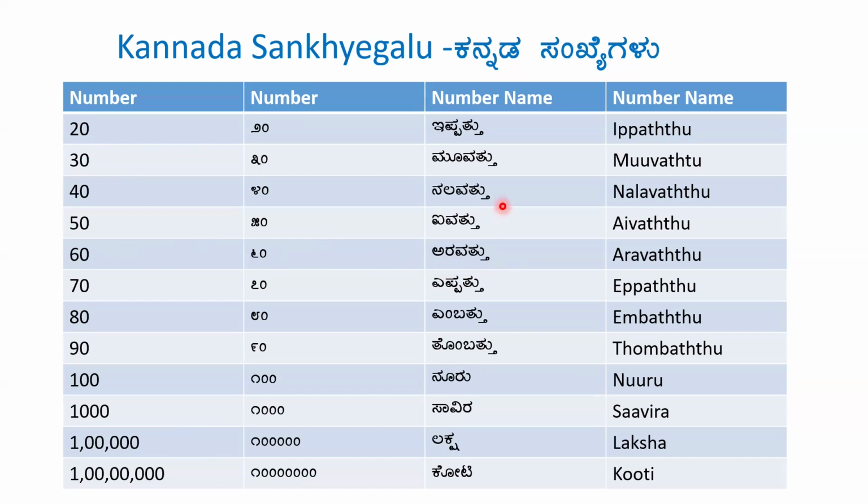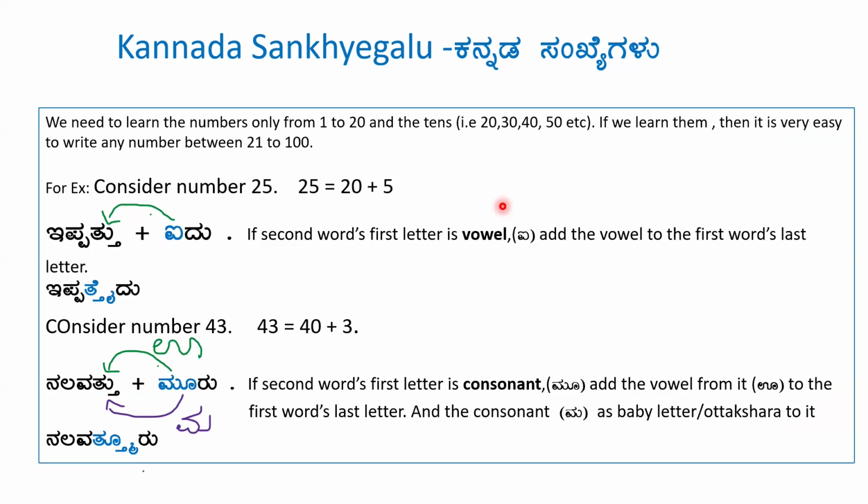Now let us see how to write any number between 21 to 100. Take any number. Here I am taking the number 25. 25 is nothing but 20 and 5. I already told you we need to remember the tens, 20, 30, 40, etc. 20 is ippattu and we already learnt 1 to 10. What is 5? Aidu.